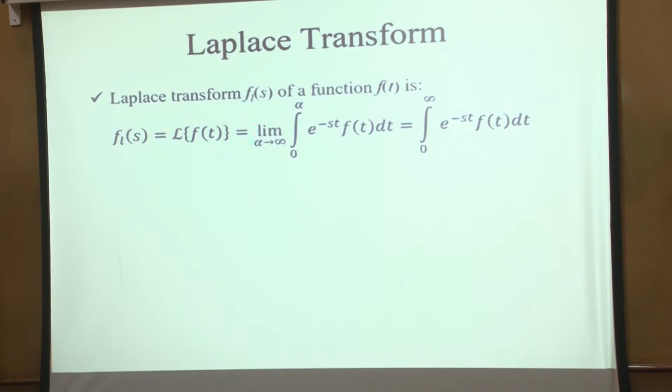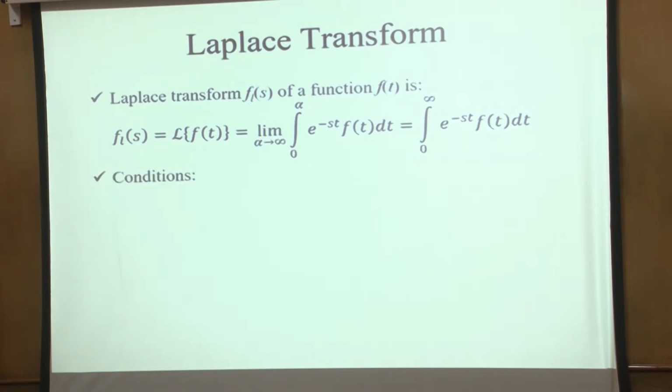So limit alpha tends to infinity of the integral from 0 to alpha. I don't like to write 0 to infinity directly. Neither did Laplace. Why is that? Because there may be a singularity. So then you have to evaluate the limit. So this is a better way of writing the transform. Often you may have to actually do this in order to get the transform.